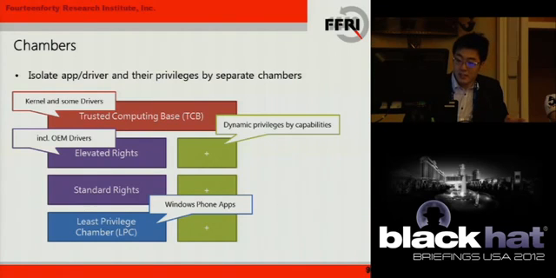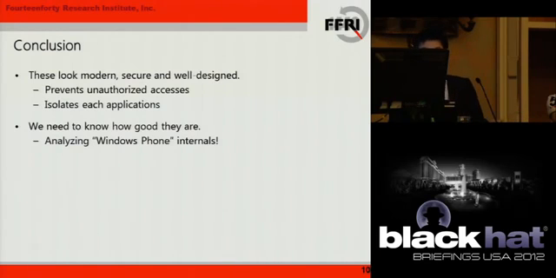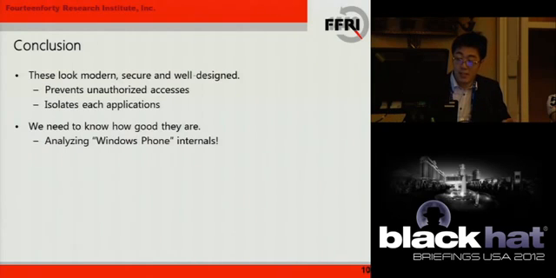In conclusion, these security features look modern, secure, and well designed. It looks great. So the only thing we need is to know how good they are. We need to analyze the system if we want to know that. So I will talk about the system's low layer implementation.